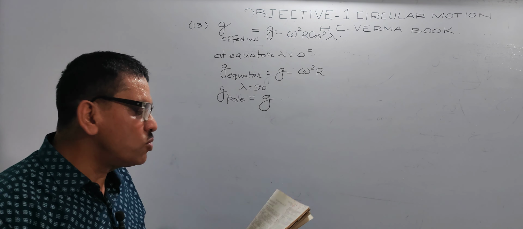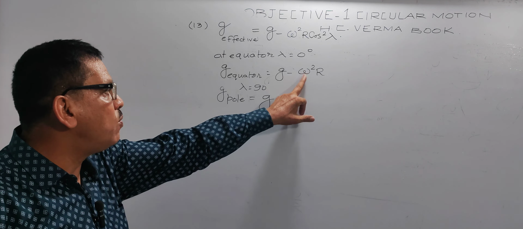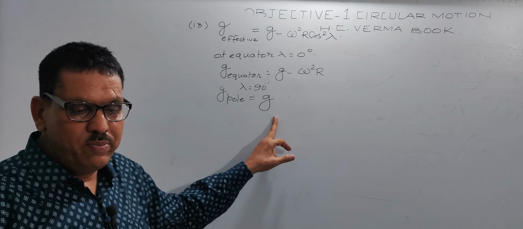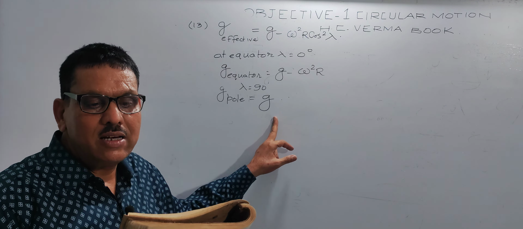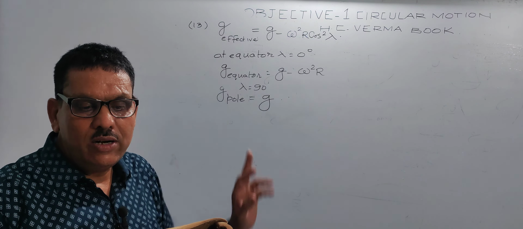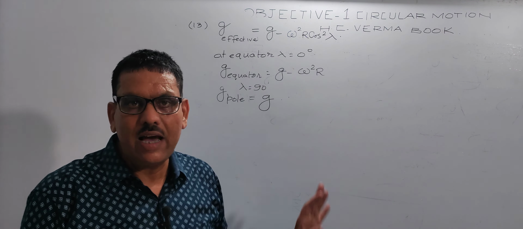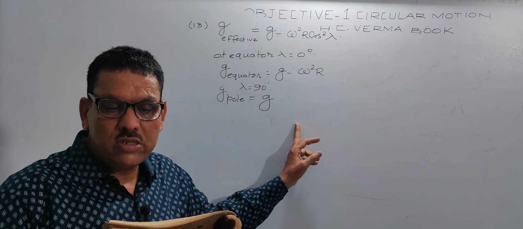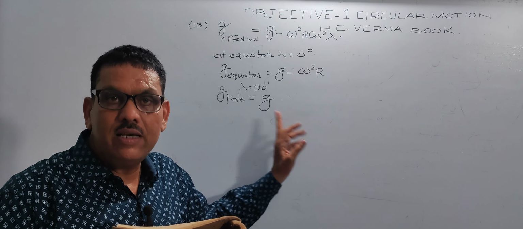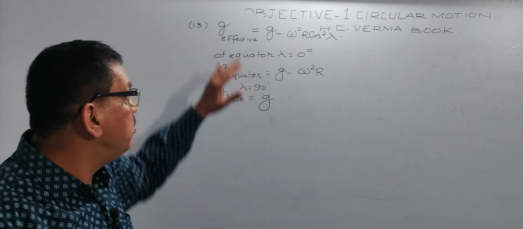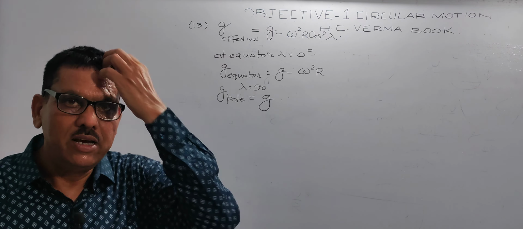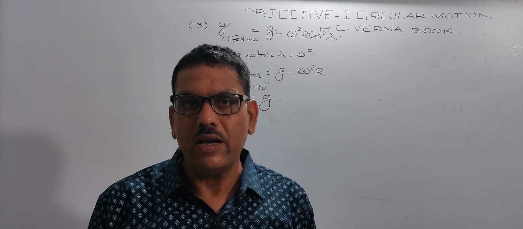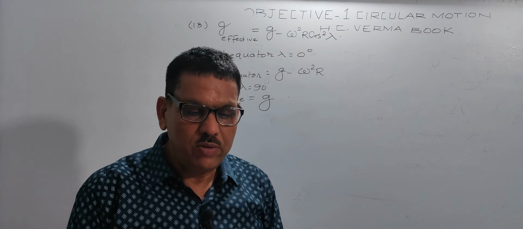If Earth stops rotating, it means omega is 0. Now once it is 0, g at the equator will increase, but g at the pole will remain the same. So what is the correct answer? For the 13th question, the correct answer is increases at some places and remains constant at other places, meaning at the equator it will increase and at the pole it remains g. If Earth stops rotating, then at the equator the value of g will increase.